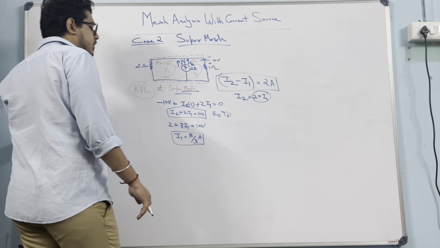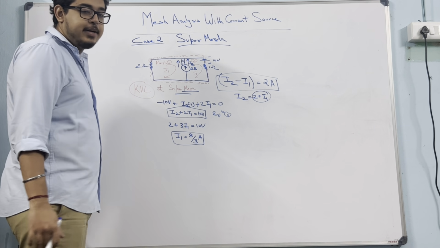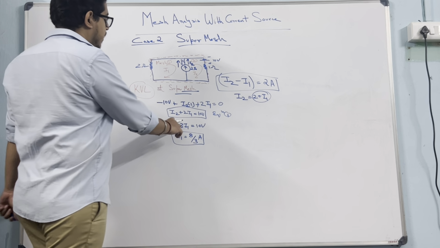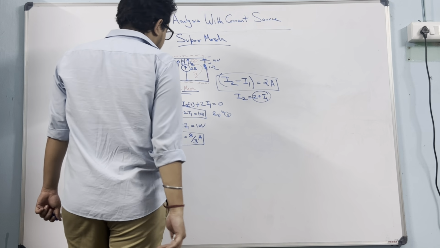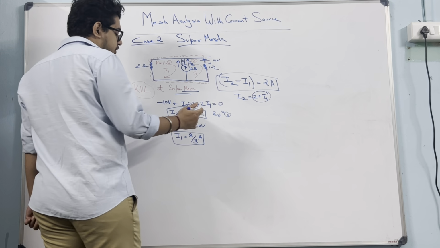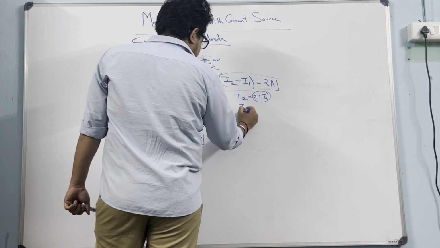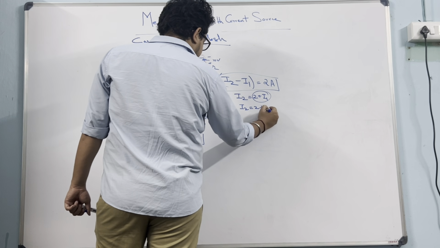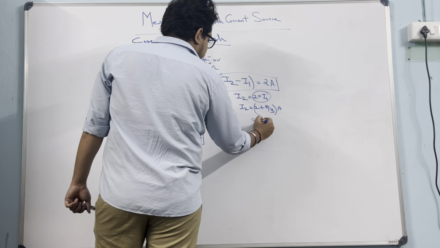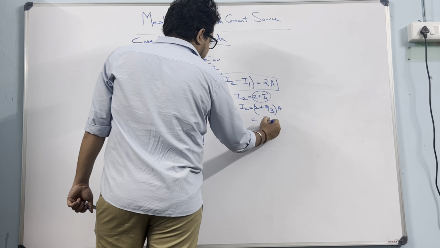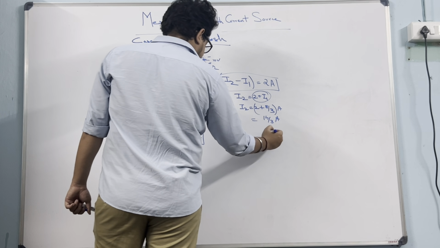From this equation we saw I1 to be 8 by 3 amperes. And now how to calculate I2? I2 will be 2 plus 8 by 3 amperes, which will be equal to 14 by 3 amperes.